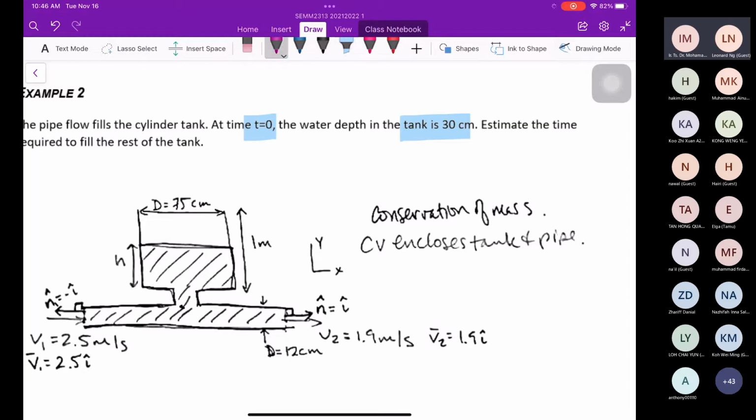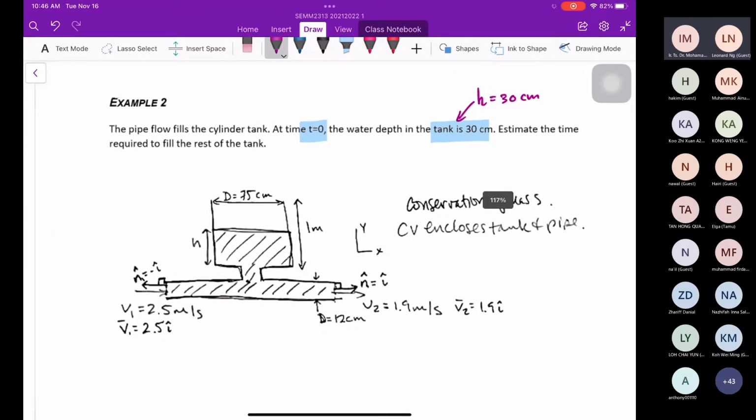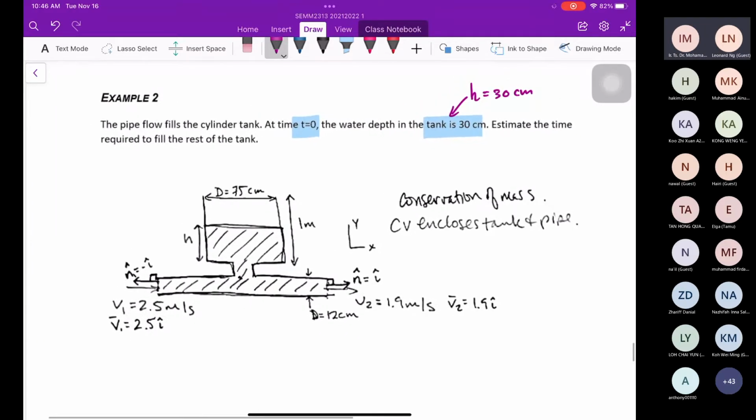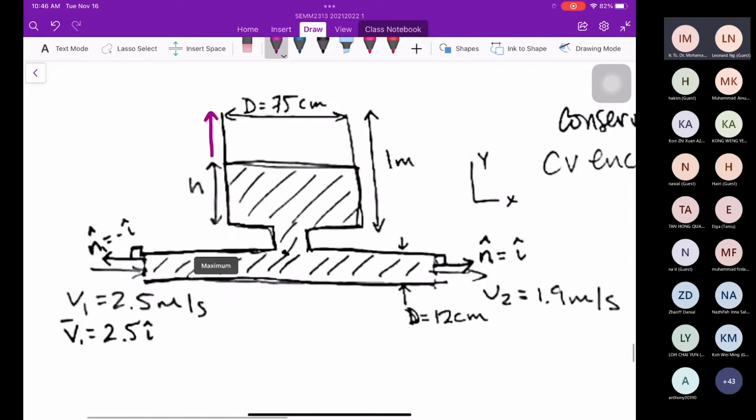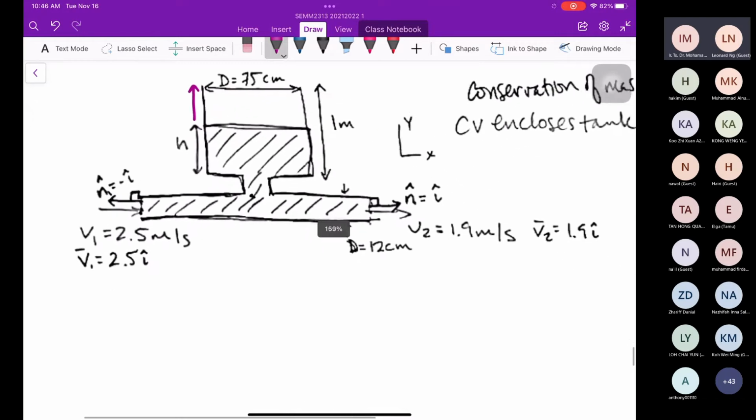This is H. Estimate the time required to fill the rest of the tank. So we need the time taken from H increasing until full. This is the diameter given.